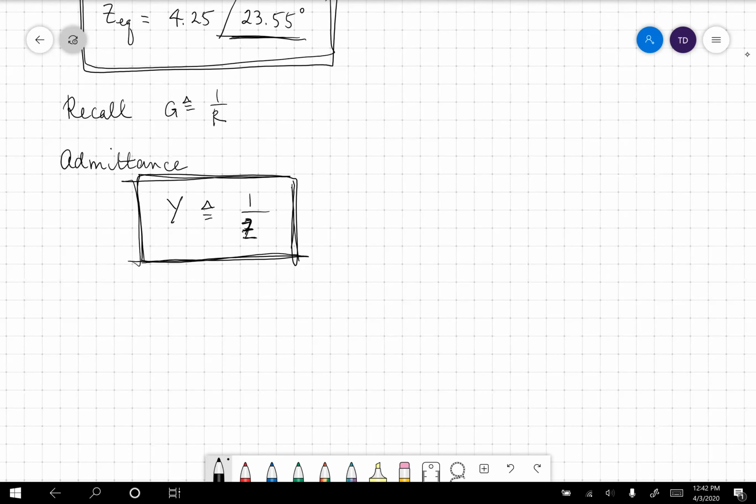The reason is because when things are in parallel, sometimes it's way easier to deal with 1 over Z than it is to deal with the Z part. So admittances in general are used when you have parallel type components going on.